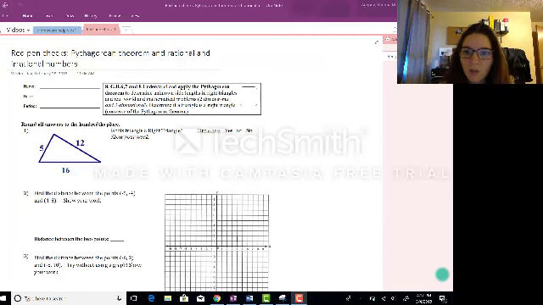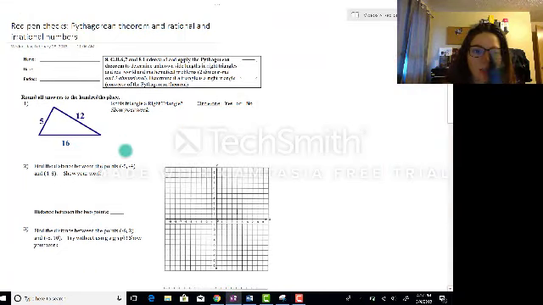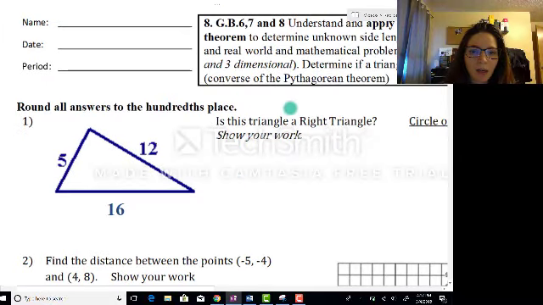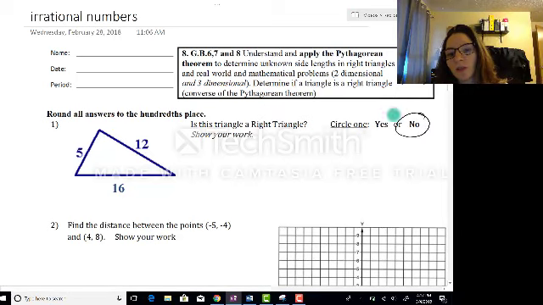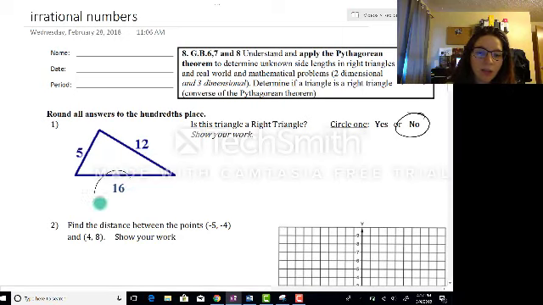Okay, so we have question 1. Question 1 says, is this a right triangle, and show your work. What you should have circled was no. To show your work, you needed to plug in 5, 12, and 16 into the Pythagorean theorem and show all of your steps. I know that 16 is C because it's the largest number provided.